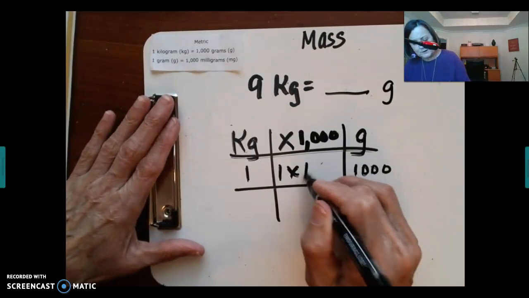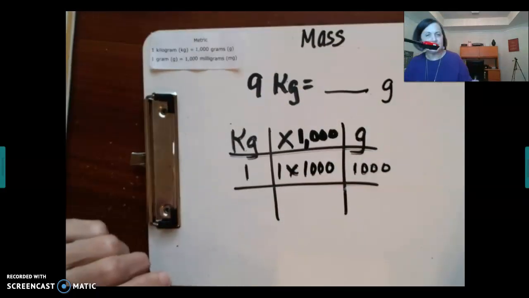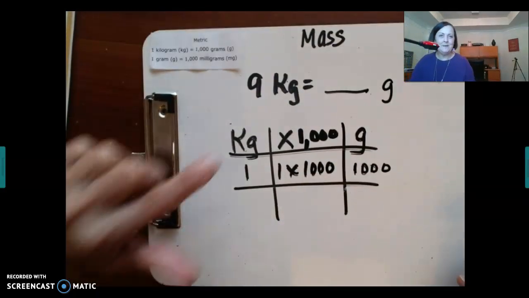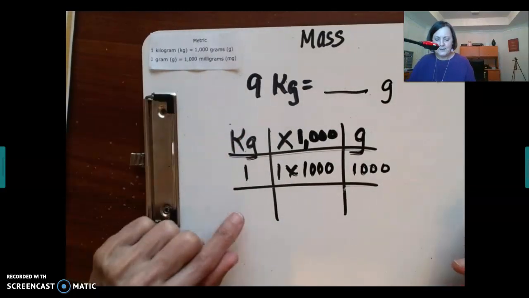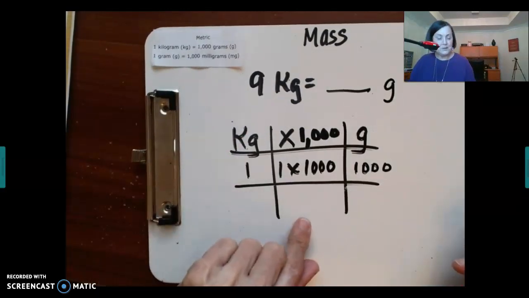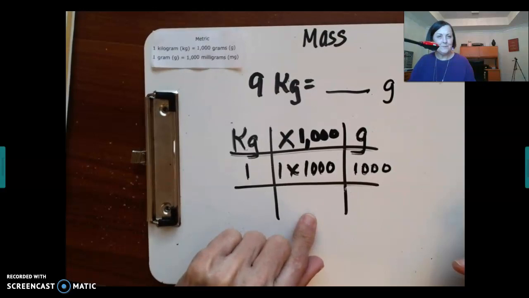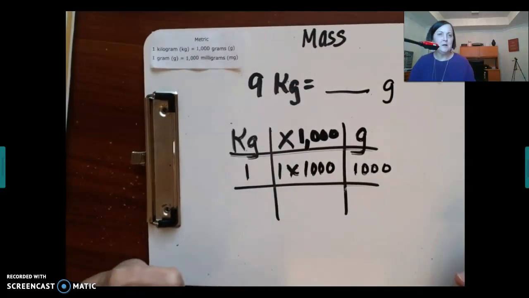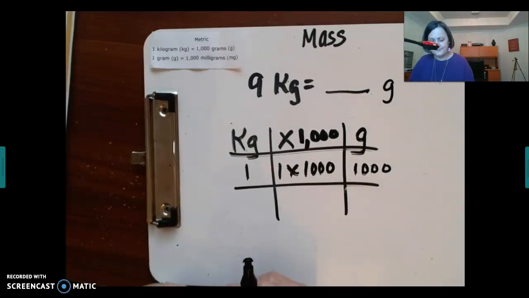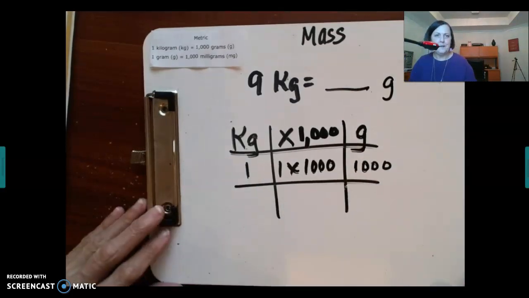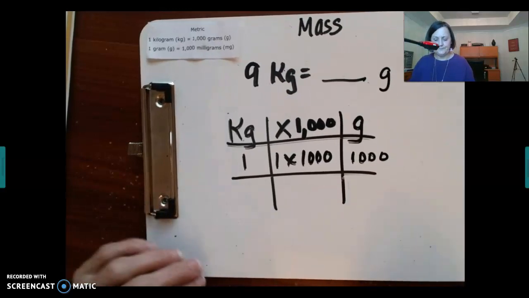So our expression would be 1 times 1,000 equals 1,000. Now, put your 9 kilograms, apply your rule, write your expression, and then multiply and solve. Think basic fact and shift your zeros. Okay, I'm going to wait for you guys to do that.